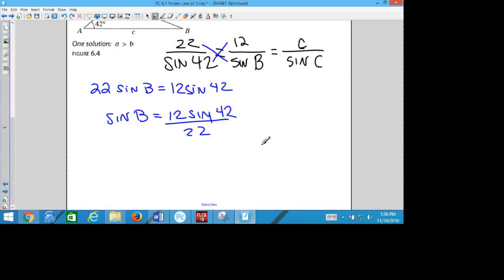And for the past few weeks, you have been finding things like an angle when you knew the sine of that angle. How do we find angle B when you know the sine? You do inverse sine. So on your calculator, you're going to do inverse sine of 12 sine 42 divided by 22.